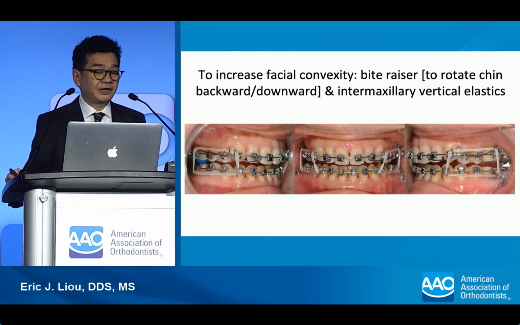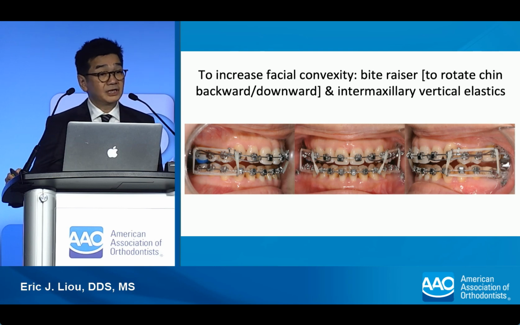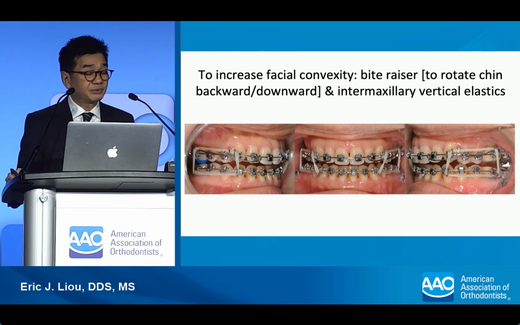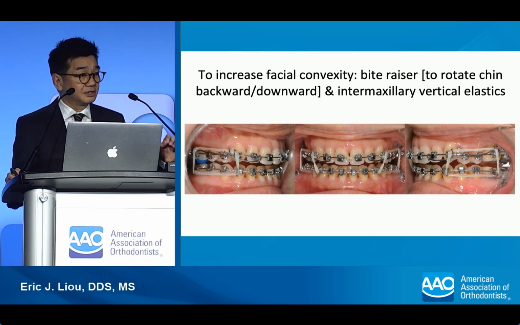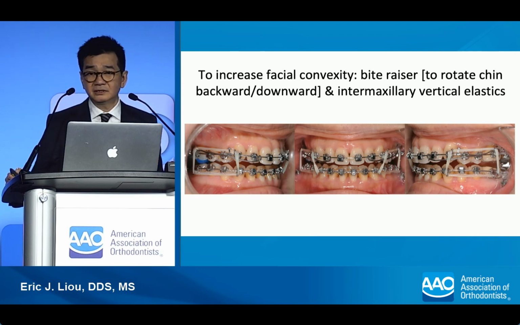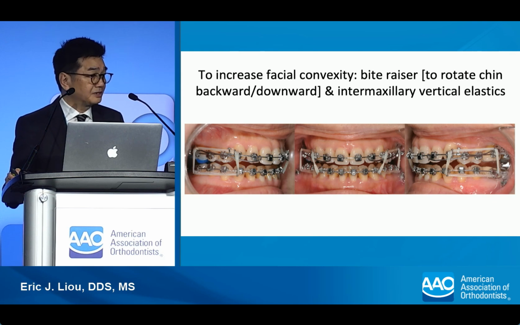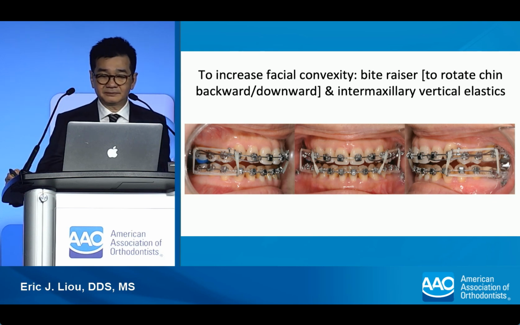To increase the facial convexity, we can use a bite raiser to reposition the mandible downward and backward to increase the vertical dimension, and at the same time use intermaxillary elastics to bring the bite together.